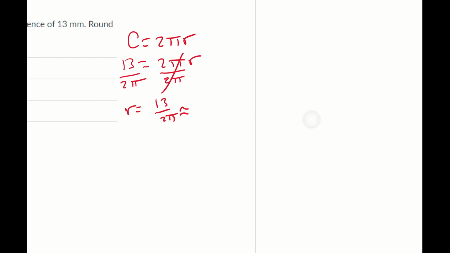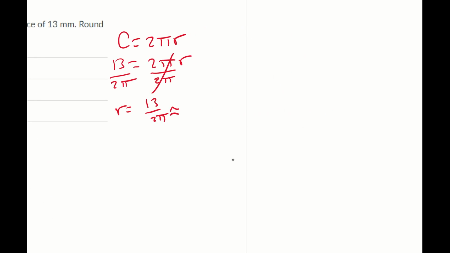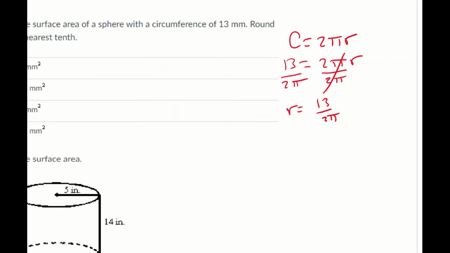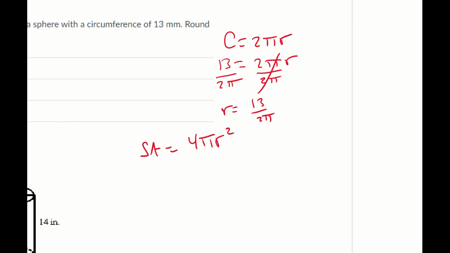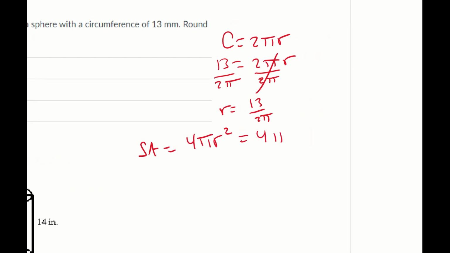And let's go ahead and round that. Actually, let's leave it like that, 13 over 2 pi. Now, the surface area of a sphere is 4 pi r squared. So we're going to plug that in for r. So we get 4 pi times 13 over 2 pi squared.